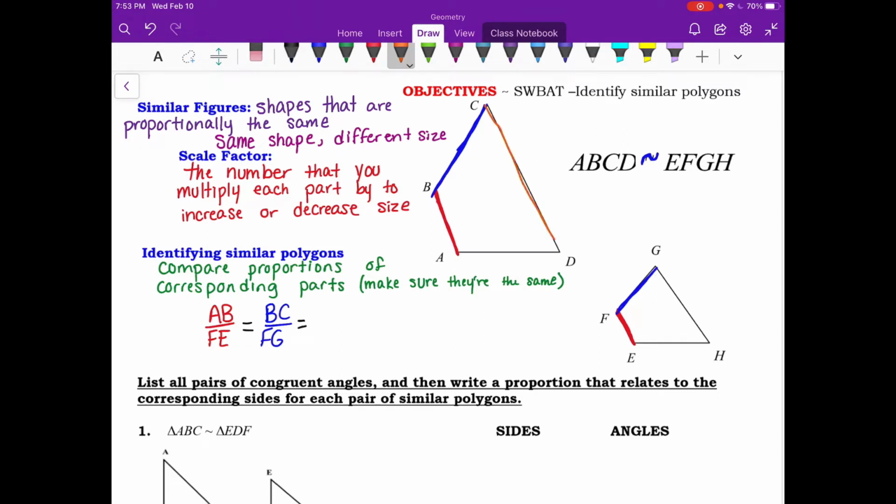So I'm going to label these all out. CD over GH has to be the same as my last one, which is AD and EH. AD over EH.